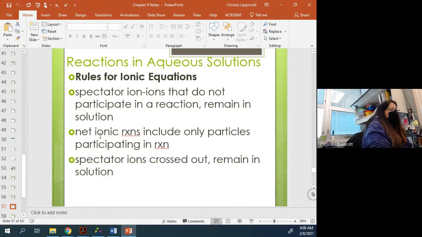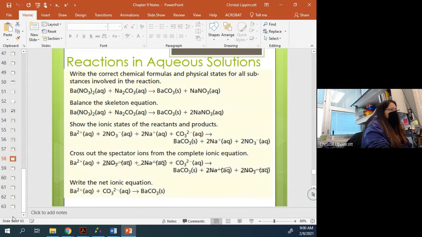In our reactions, where we actually look and see what is reacting, those are what we find in our net ionic equations, okay? So when we do these, we have our balanced equation that we start with. Then we break everything out into ions, and then we cross out the spectators and rewrite it with just what actually took place in the reaction.